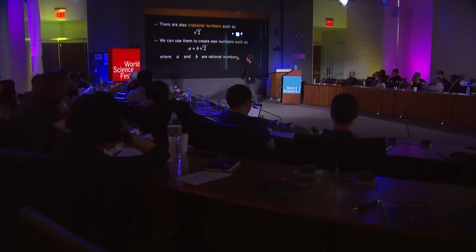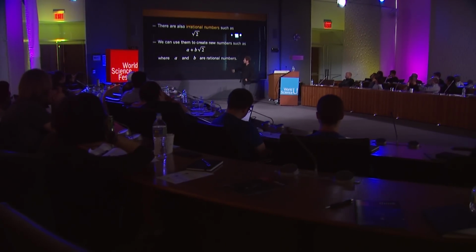So what does it mean to include it? Well, it opens almost like a Pandora's box. You then have to allow multiplying this number by a fraction, because we already accepted fractions, and you should also allow adding a fraction to it. So you get numbers like a plus b square root of 2.